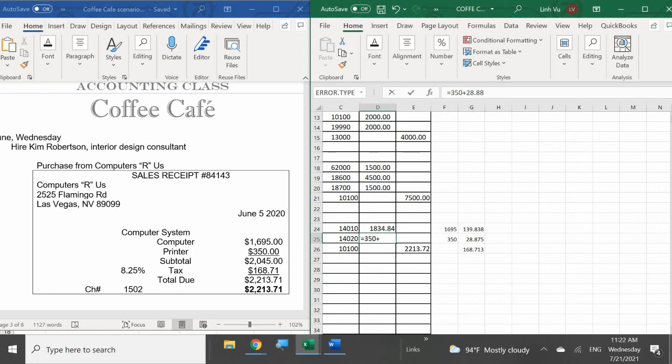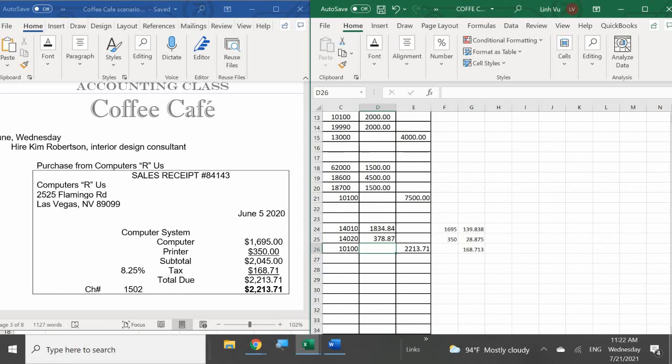So it's going to be $350 plus $28.87. Okay, because then now I have my payment to match my source document. So that's the tricky thing about having tax because it's based on a prorated amount.